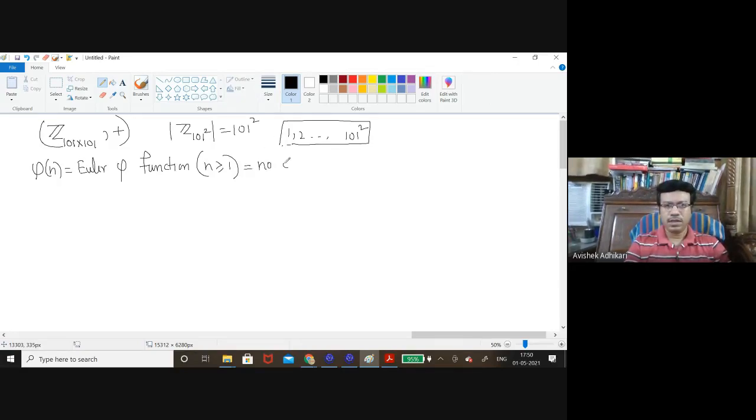That is the number of positive integers less than or equal to n and relatively prime to n.